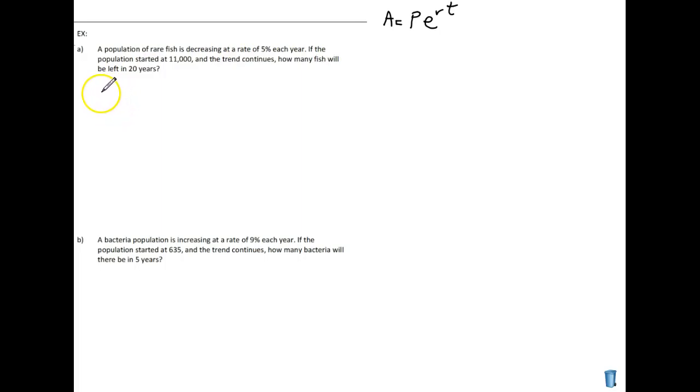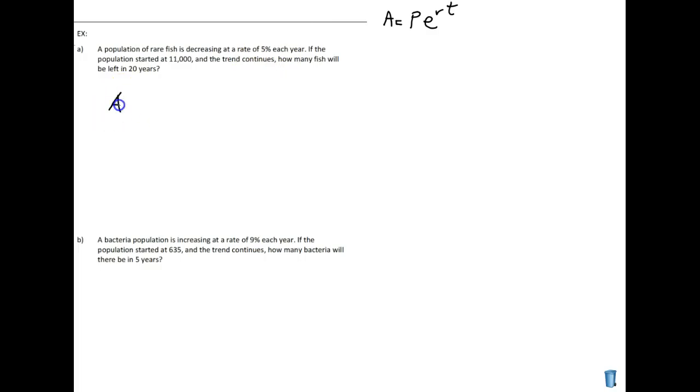Okay, so when we are doing this population decrease problem, some things you need to know. Because we are decreasing, we're getting smaller, we have to put our rate of decrease in as a negative number.